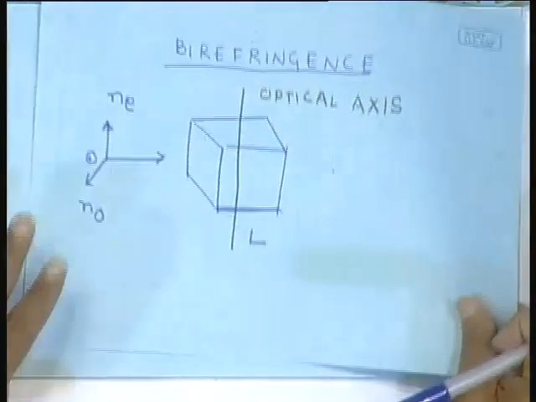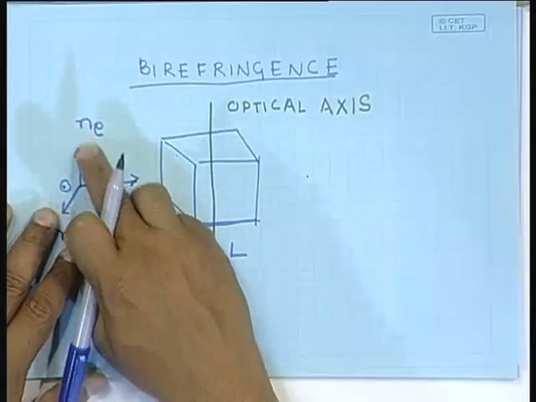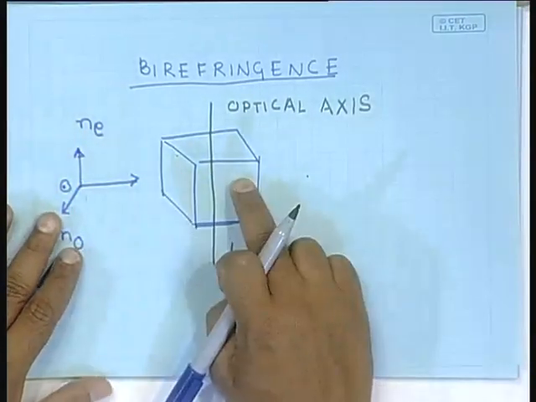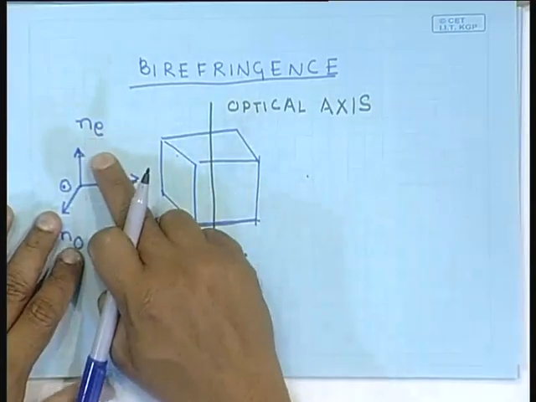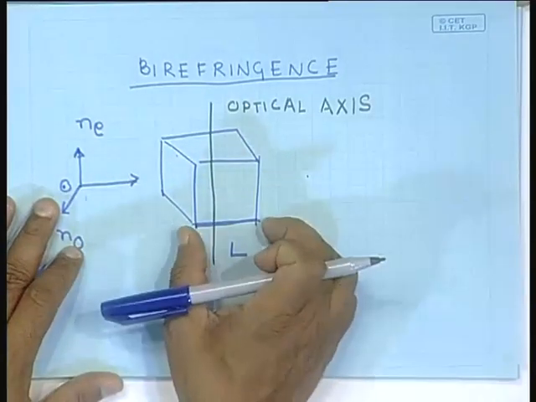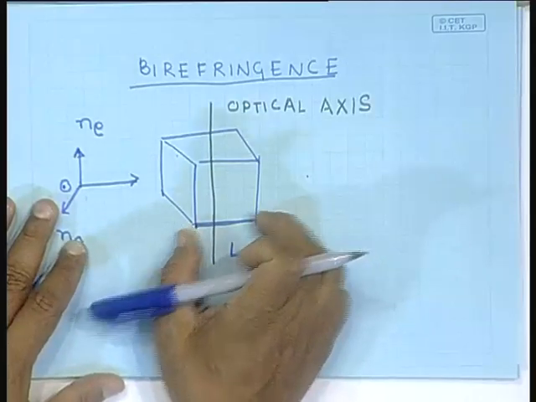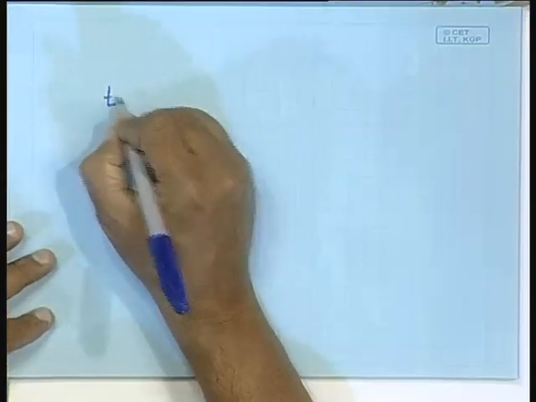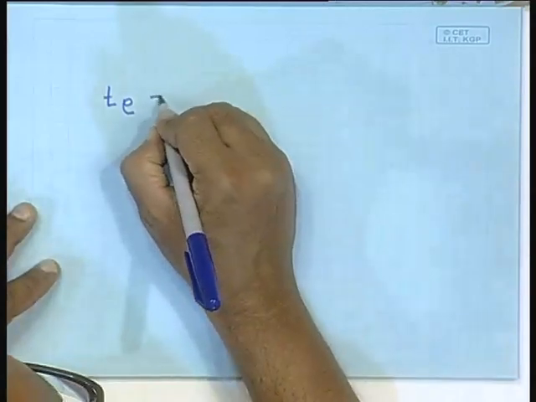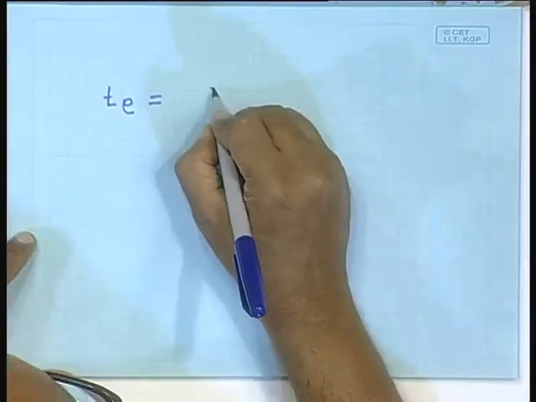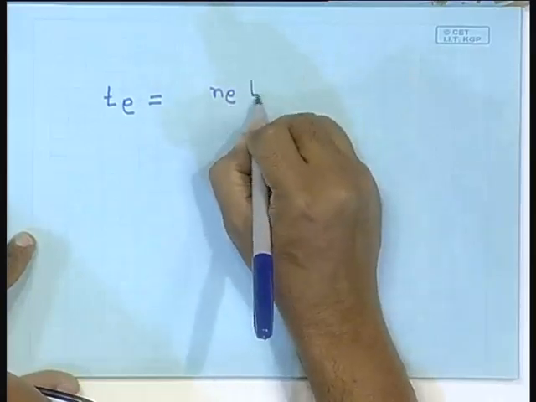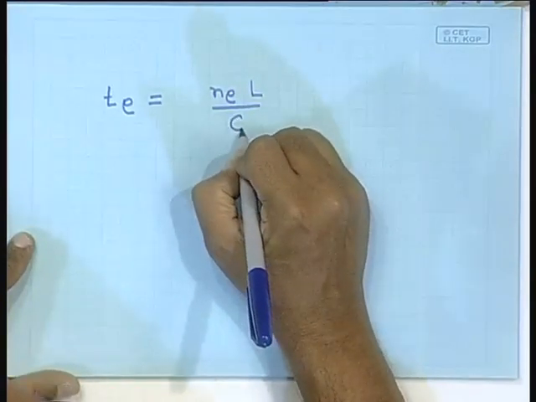And we know that the refractive index is, so the speed of light in this material, for light with electric field in this direction, is going to be c divided by Ne, and the time it will take is L divided by the speed, which is Ne into L by c. So, for the extraordinary polarization, when the electric field is along the optical axis, the time the light will take is going to be Ne L by c.